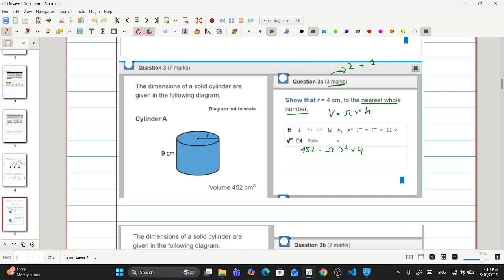Now what do we do? We have to make r square the subject of the equation. So we have r square equals 452 over 9 pi. So 452 divided by 9 pi becomes 15.98.